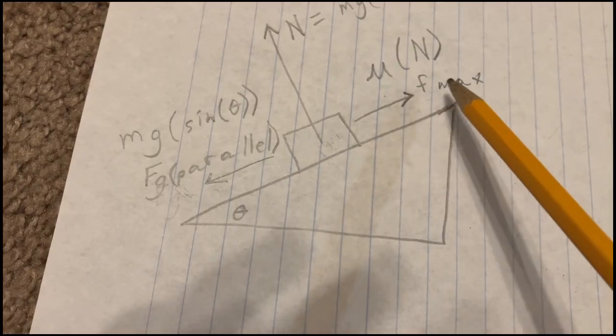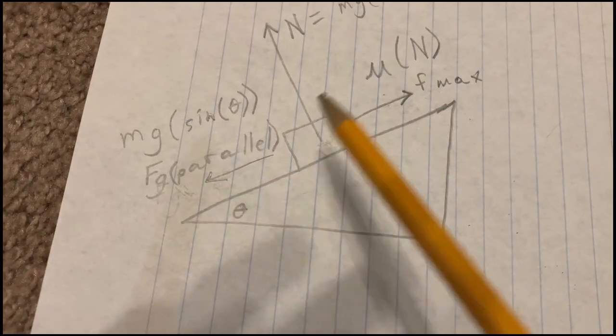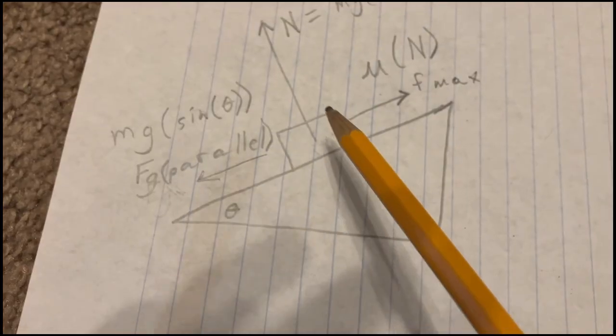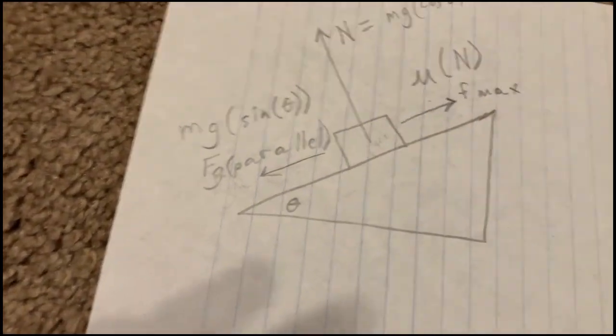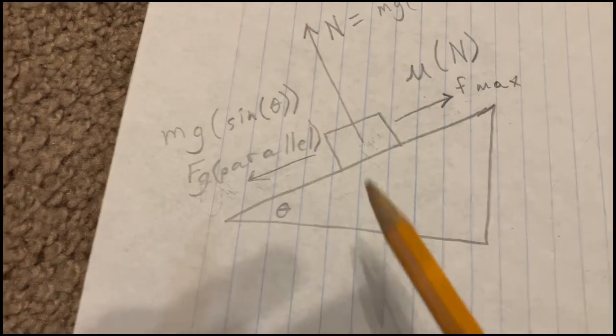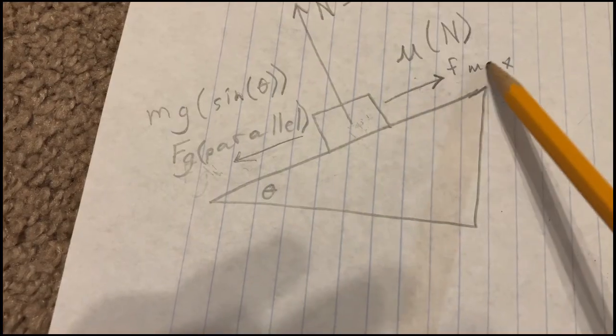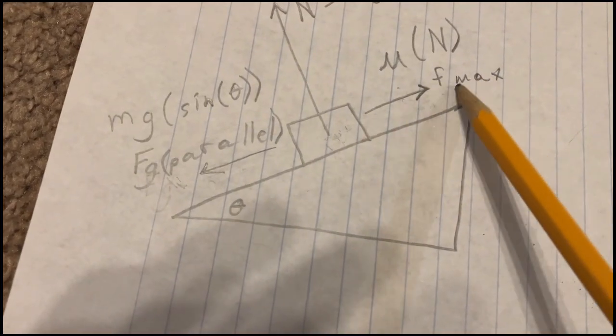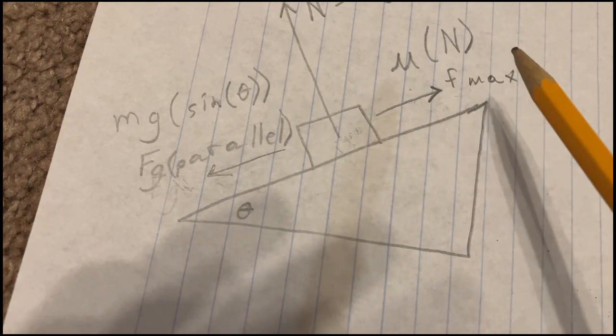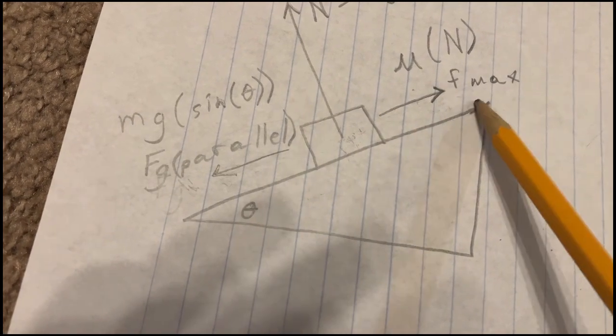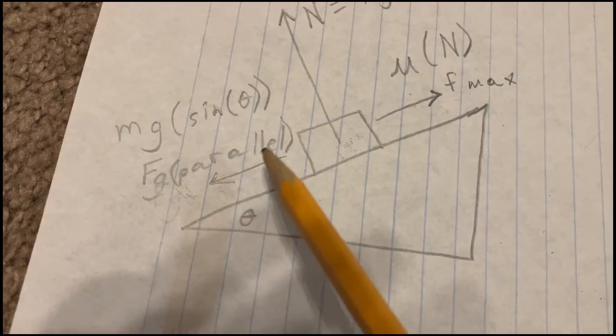If this frictional force is greater than the gravitational force, this block will stay there. So we need to figure out the coefficient of friction for when this frictional force will be greater than or equal to the gravitational force.